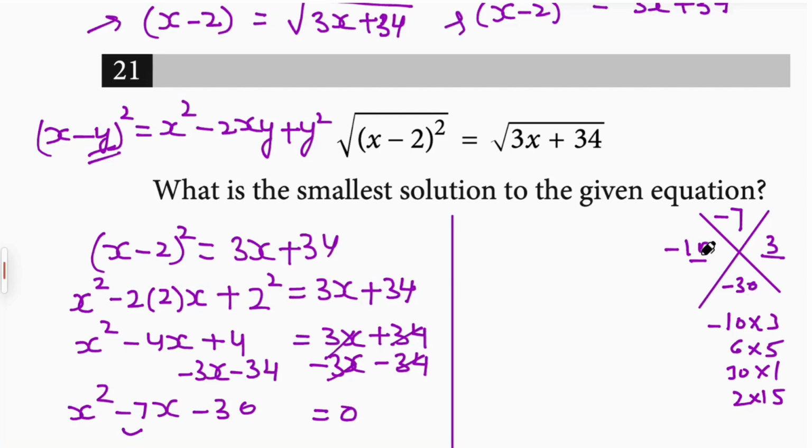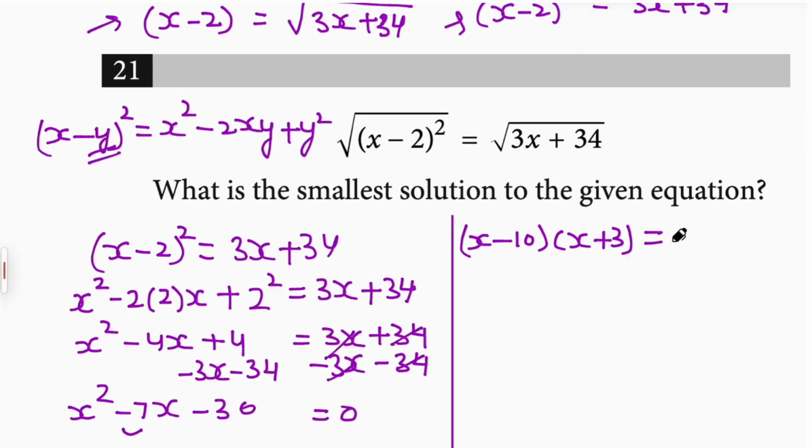So negative 10 plus 3 is negative 7, right? And negative 10 times 3 is negative 30. So the two numbers are negative 10 and 3. Therefore, this quadratic equation can be written in the factor form like this, and that is equal to 0.